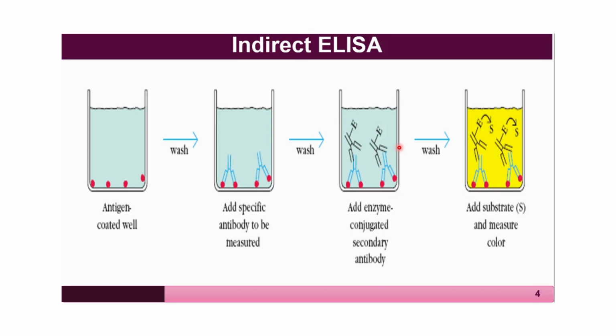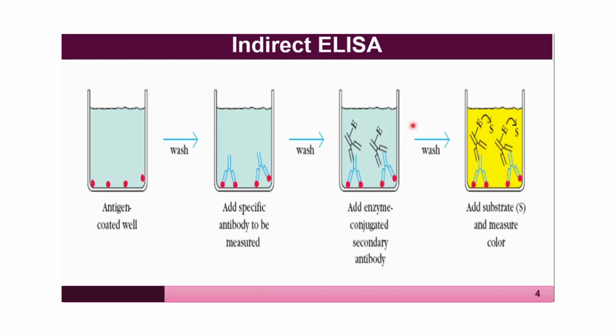Now once again give a thorough wash and add the substrate corresponding to that enzyme. If you had used an alkaline phosphatase labeled secondary antibody, you are supposed to add the substrate para-nitrophenyl phosphate.